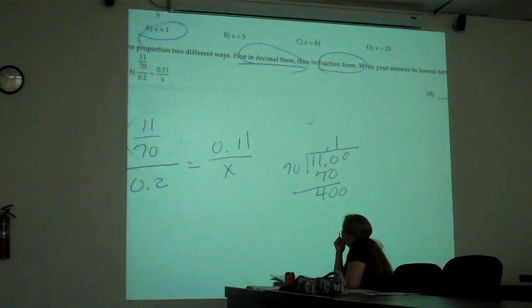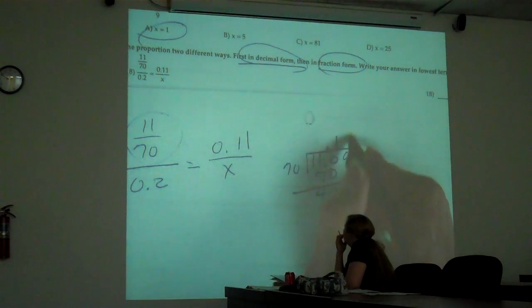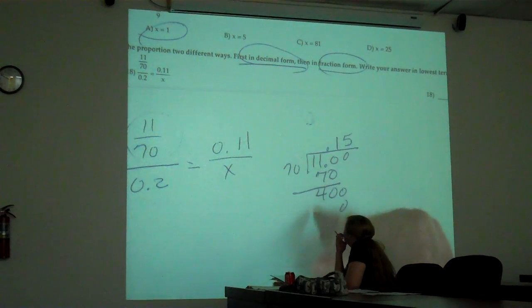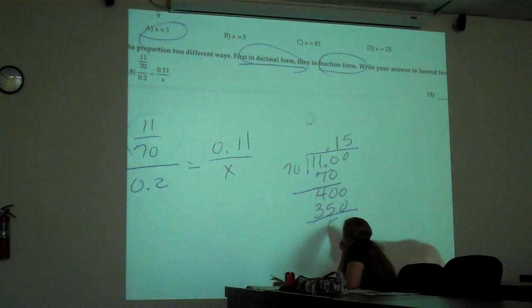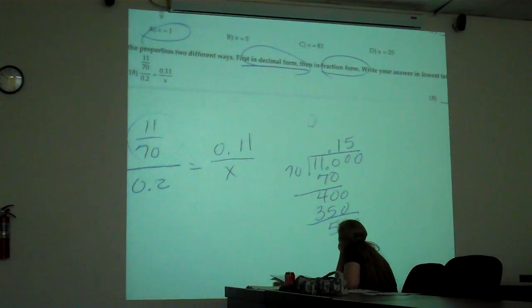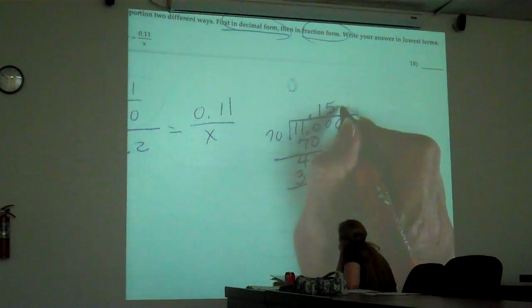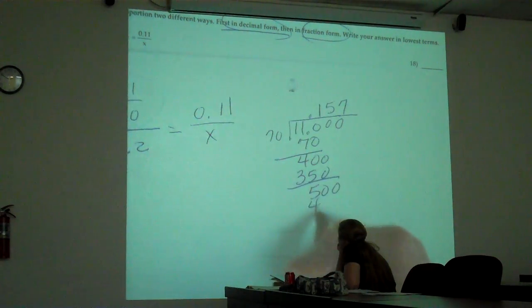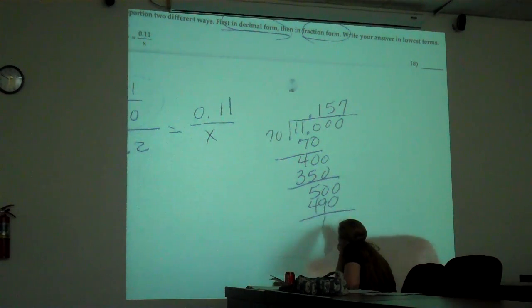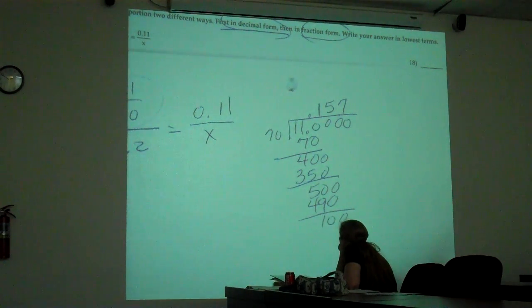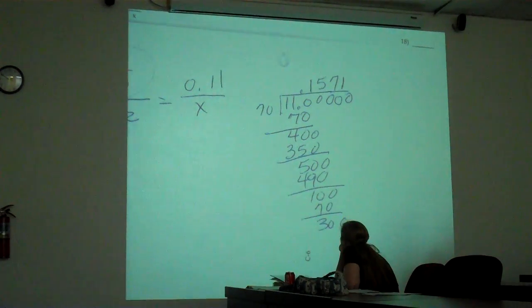11 divided by 70 goes 1, 40. 7 into 40 is about 5. 5 times 7 is 35. 7 into 50, 7 times 7 is 49, right? 7 into 100, 70s is 1. This is very long. 70 into 300, it's gonna be 4, that's 28.